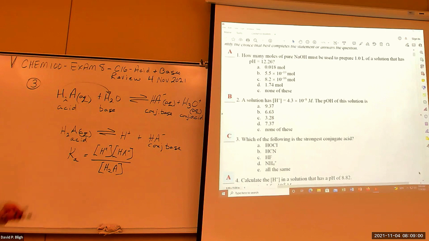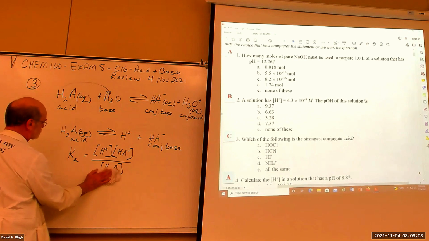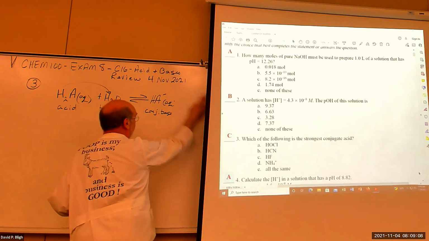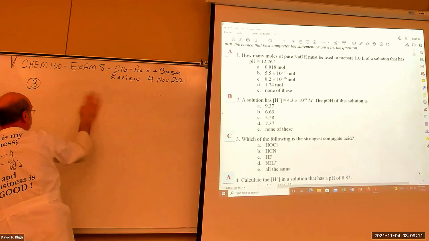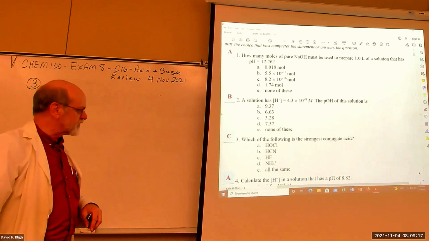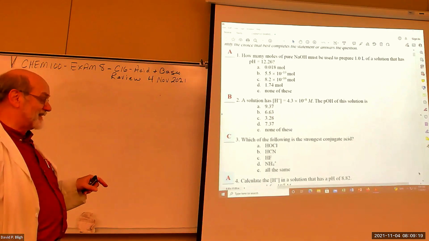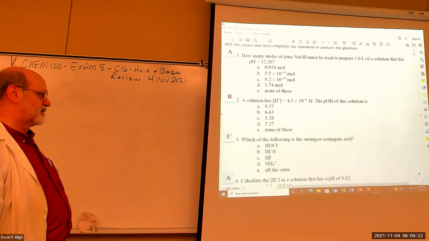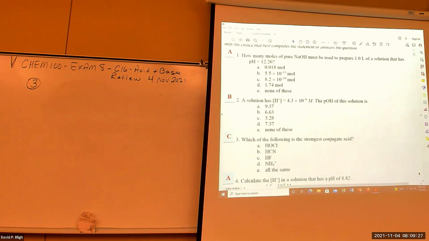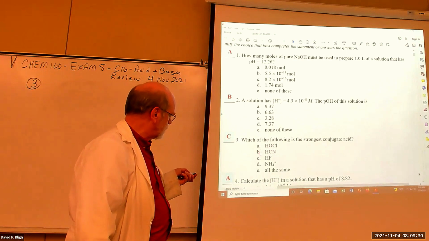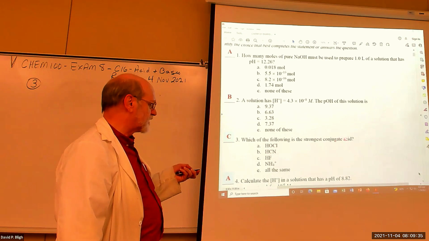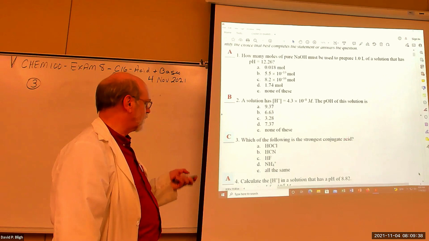Okay, so weak acids produce strong conjugate bases, strong acids produce weak conjugate bases. Okay, so now I think we can answer number 3. Let's see. Which of the following is the strongest conjugate acid? Conjugate acid? Strongest conjugate acid. That's kind of funny because these are acids already. Right? So how would they produce a conjugate acid? Maybe that's a typographical error.